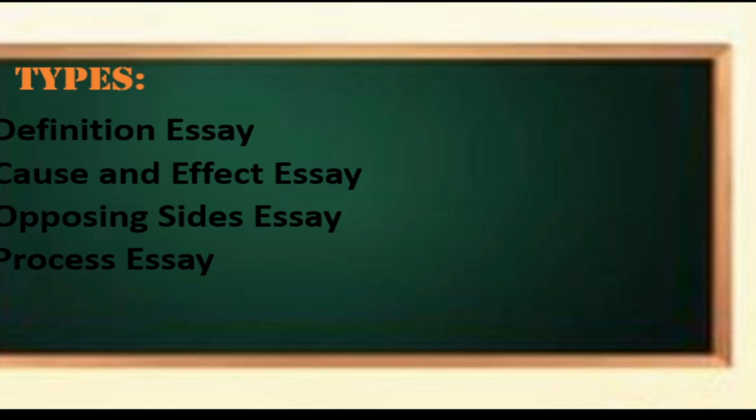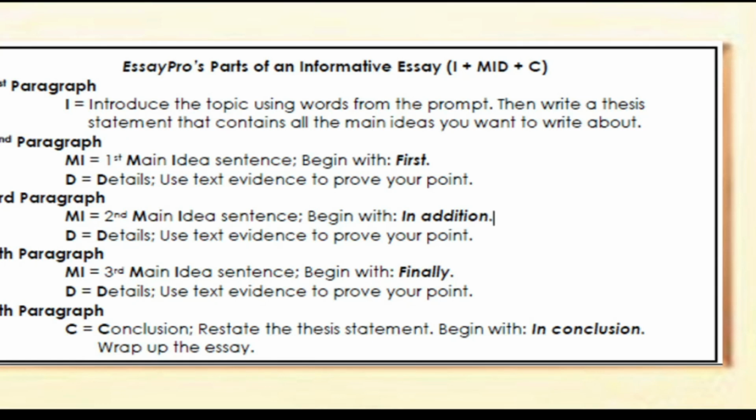Now, we have some techniques to follow so that we can write a good informative text. You just have to follow these parts of an informative essay, which is divided into three: I, MID, and C. I stands for introduction, MI is for the main idea, D is for the details supporting that main idea, and C is for conclusion.